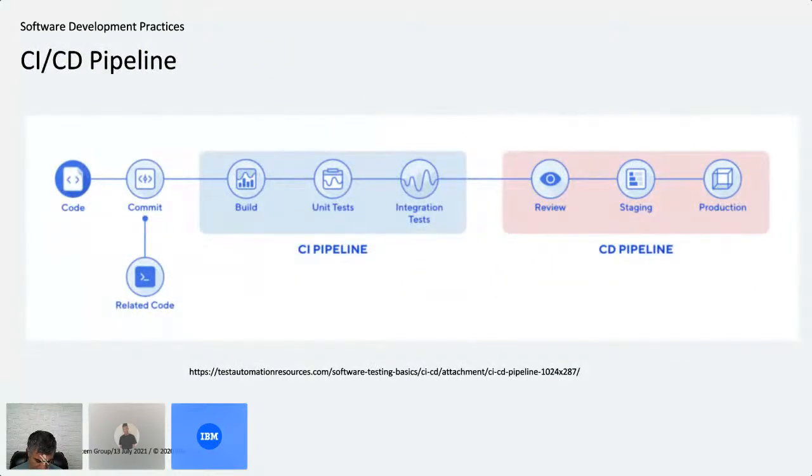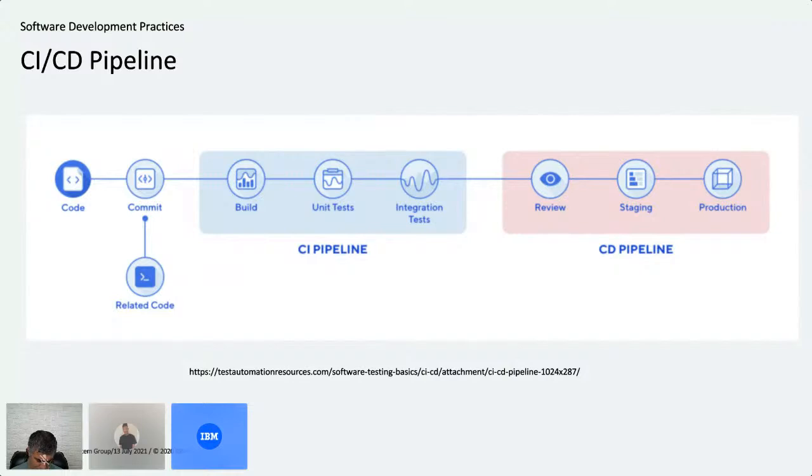Then I will just quickly show a CI/CD pipeline here. As you can see, what we have on your screen is a quick diagram which just shows the various steps or stages in your CI/CD pipeline. So of course, what we have first here is the code, which will then be committed into a source control repository.